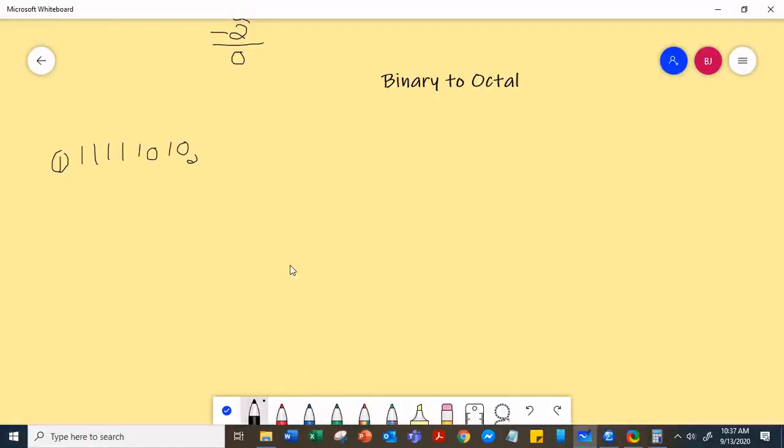So in conversion of binary to octal, we actually divide the number into groups of 3 bits. So that means from the right. So we have 1, 2, 3 bits here. 1, 2, 3. This one only has 2 bits, so we add a 0 here to make it 3.